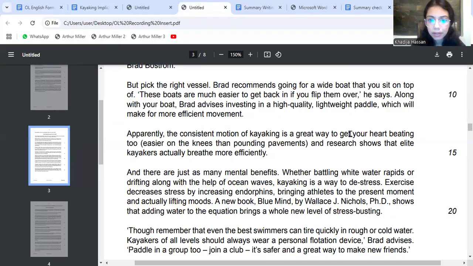Apparently, the consistent motion of kayaking is a great way to get your heart beating too, easier on the knees than pounding pavements. And research shows that elite kayakers actually breathe more efficiently. There are 3 points here.